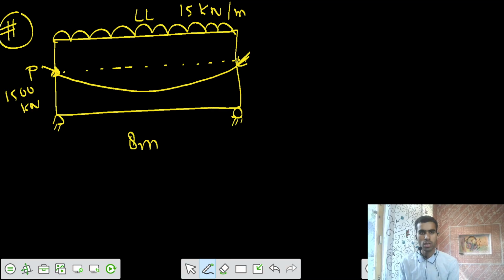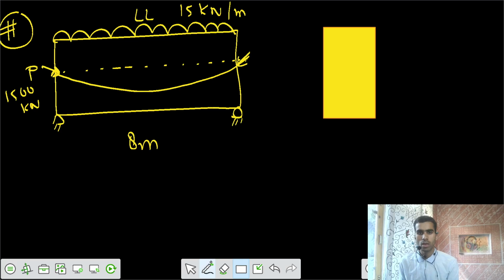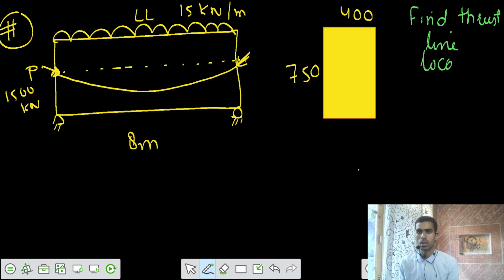If I take the cross section of the beam, the depth is 750 and the width is 400. We need to find the location of the thrust line, using the stress concept as the first method and the strength concept as the second method.